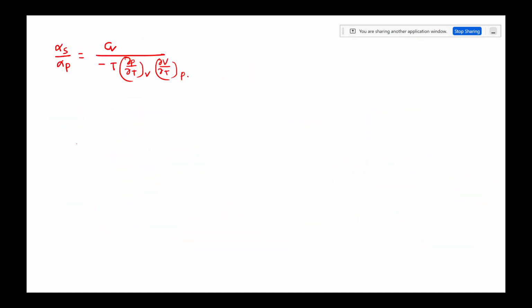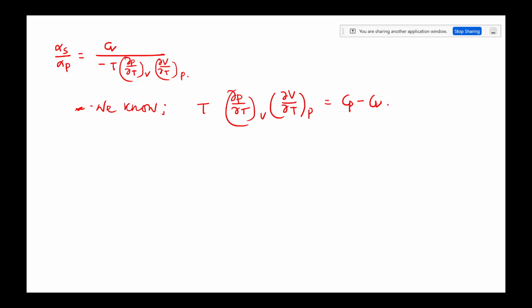So alpha S by alpha P will be Cv by Cv minus Cp.